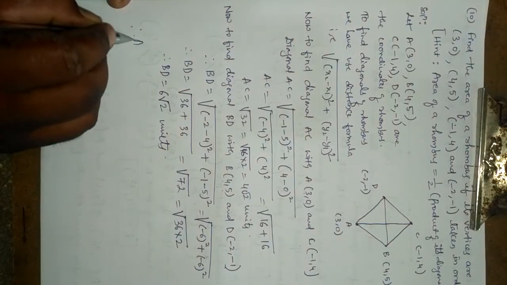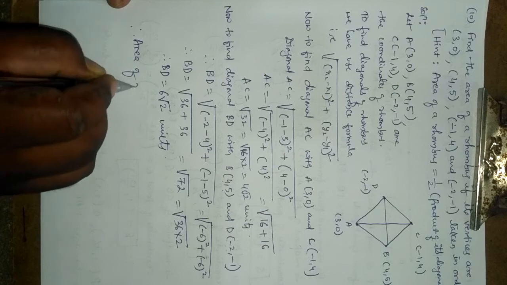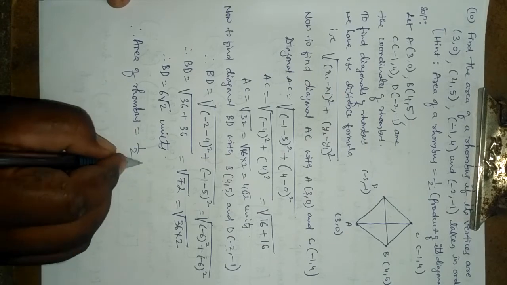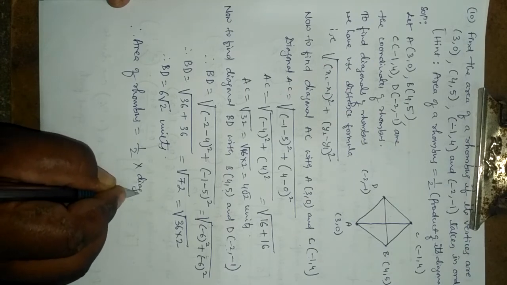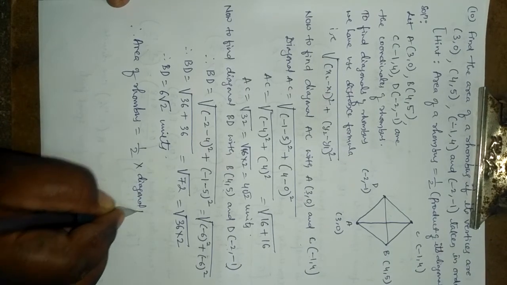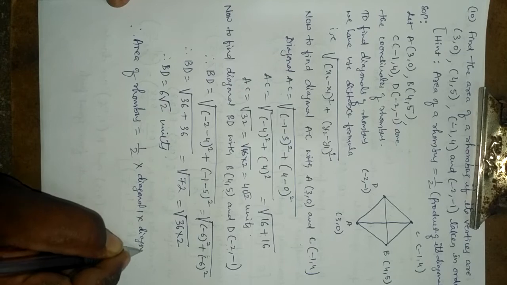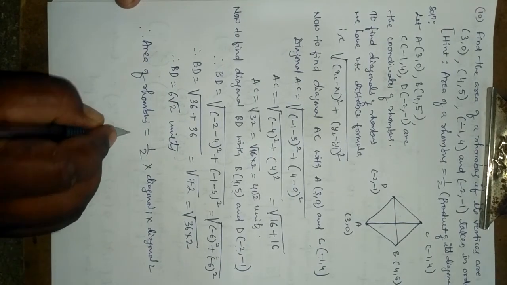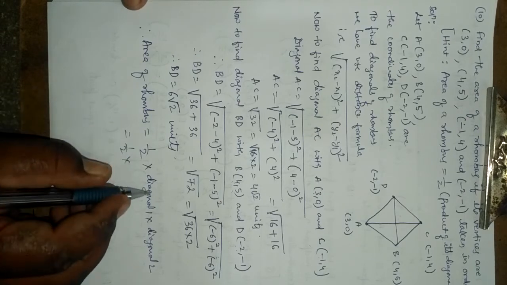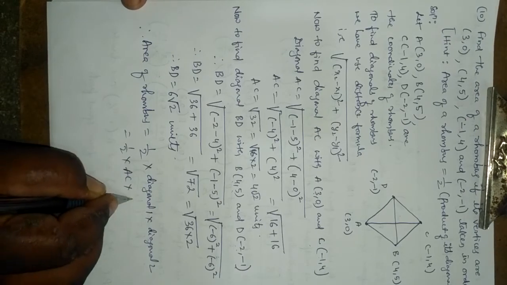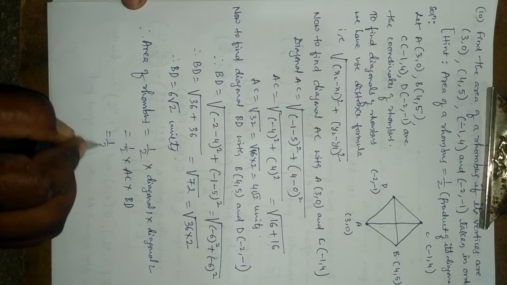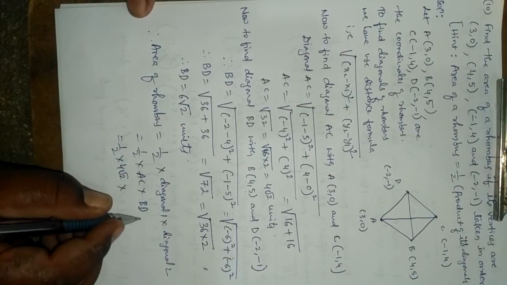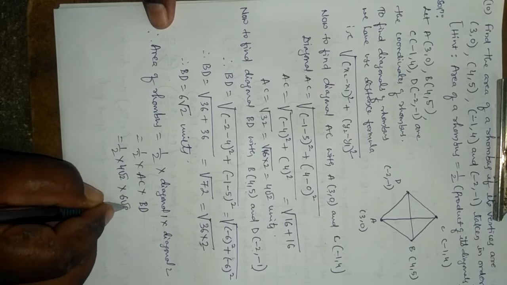Therefore area of rhombus is equal to half into diagonal 1 into diagonal 2, or else we can write half into the product of the diagonals. So this is half into diagonal 1 which is AC, and diagonal 2 which is BD. This is equal to half, I wrote as it is, AC is 4 root 2 units and BD is 6 root 2 units.